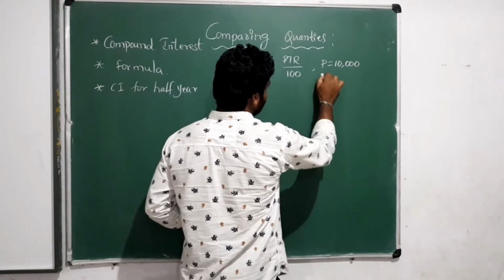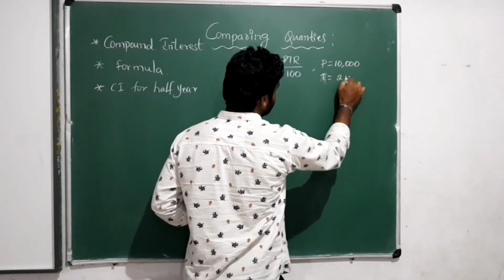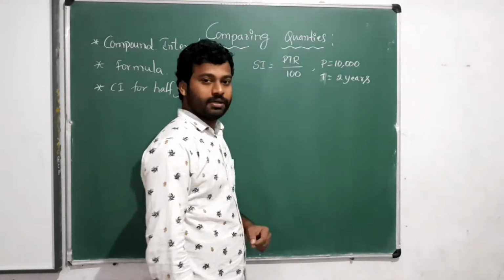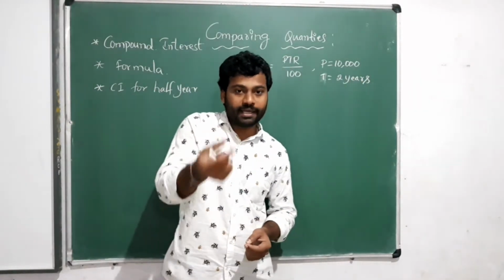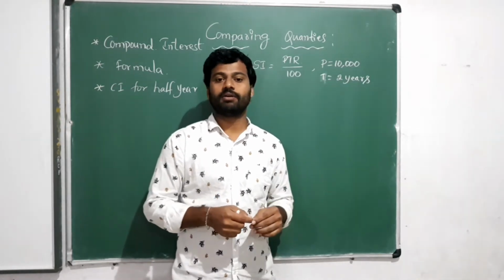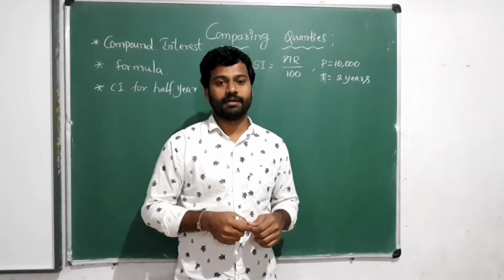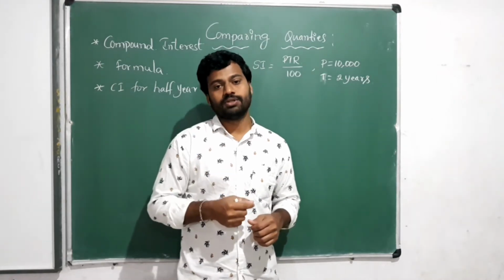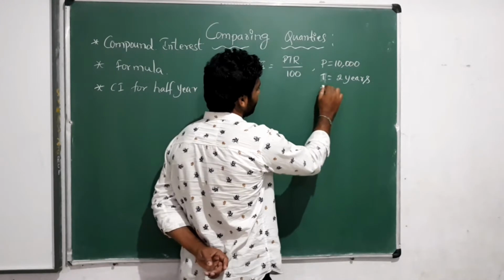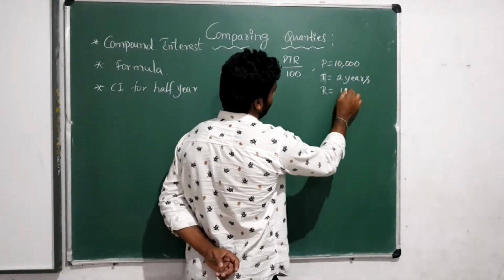T means 2 years. So I am paying, but the payment should be with a certain calculation. Whatever I want, I can't pay, correct or not? The interest amount should be calculated. That we are calling rate. R means what? Rate.